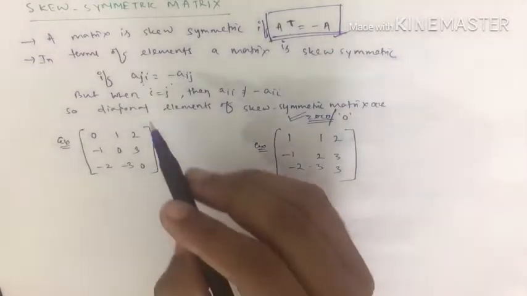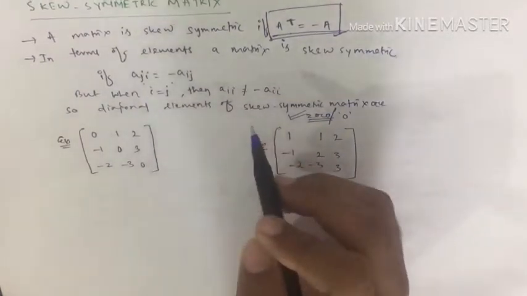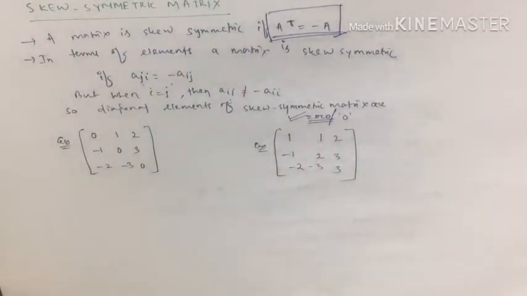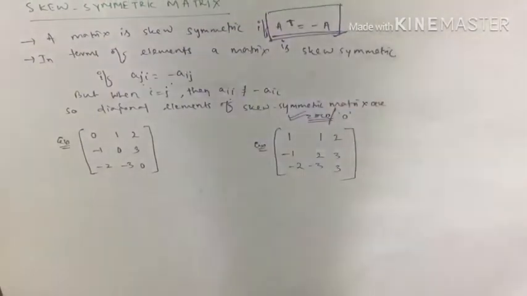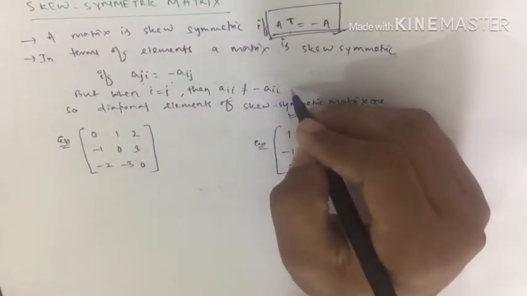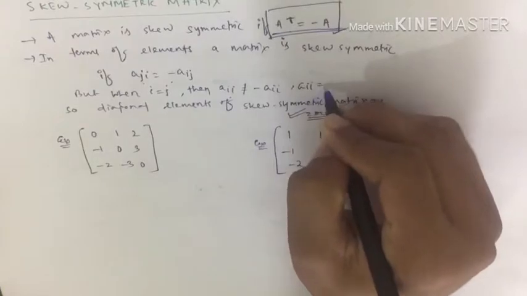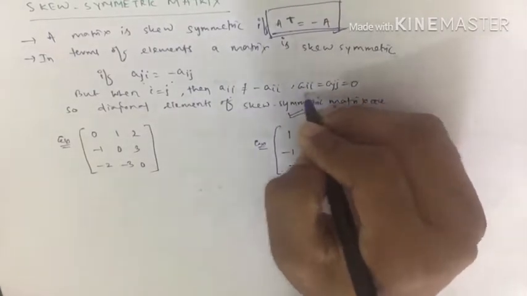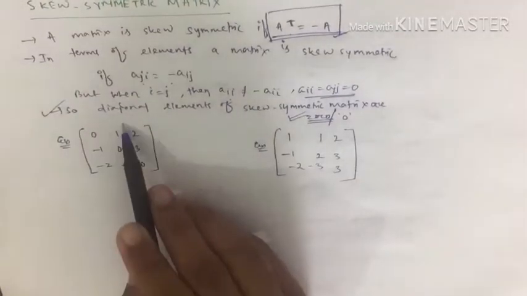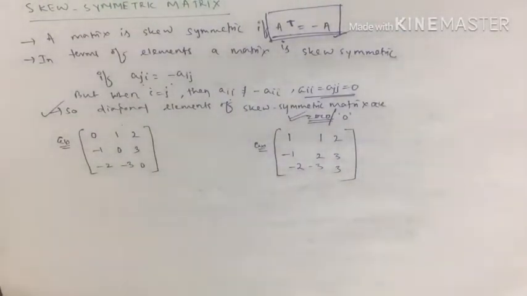But very interesting, when i equals j, you get Aii equal to minus Aii, which is not possible unless these elements are 0. So Aii must be equal to 0. So the diagonal elements of a skew symmetric matrix are 0. You have to remember that.